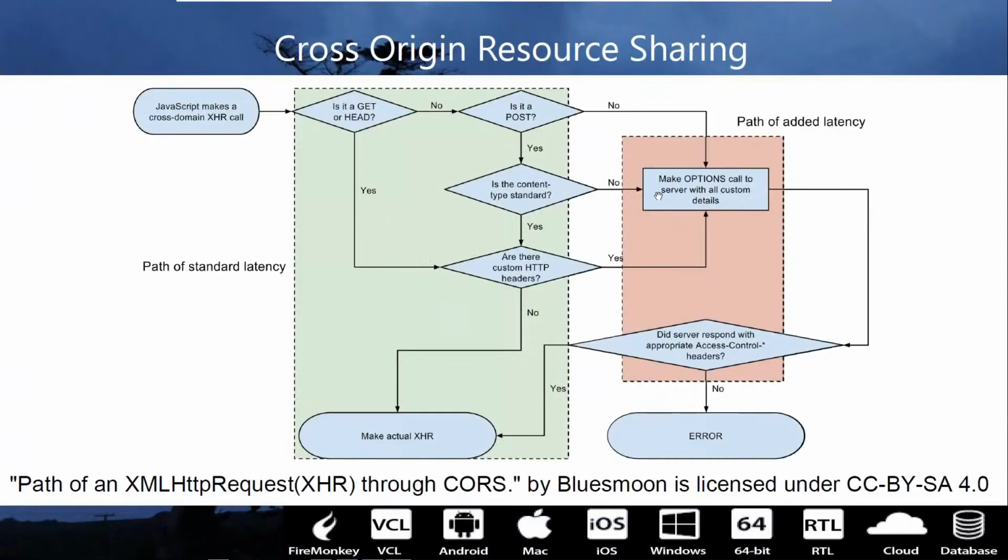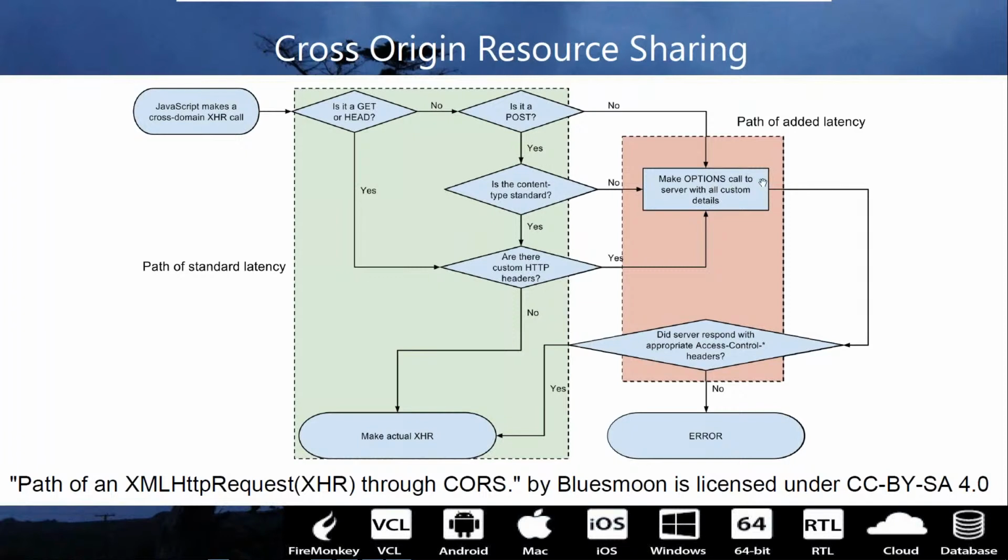This is what's happening, which is kind of a somewhat complicated picture. JavaScript is making a cross-domain call because it's going from 127.0.0.1 to localhost. Is it a GET or a HEAD? Well, yes, it's a GET. Are there custom HTTP headers? Well, actually there are, because JavaScript is adding those. And then it's going to call into my web service with an OPTIONS call.